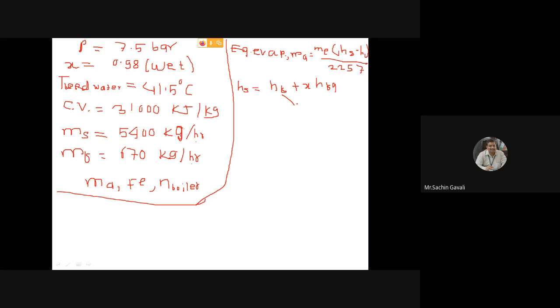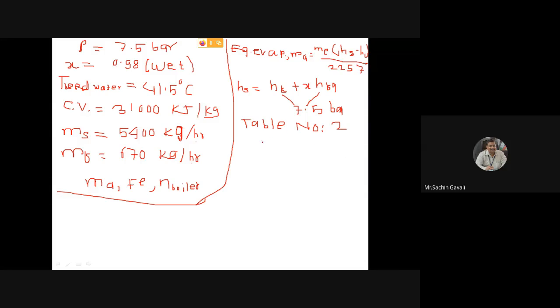Now for that, which table we have to refer? What pressure we have to calculate? So pressure is 7.5 bar. Rutuja, which table will you refer?